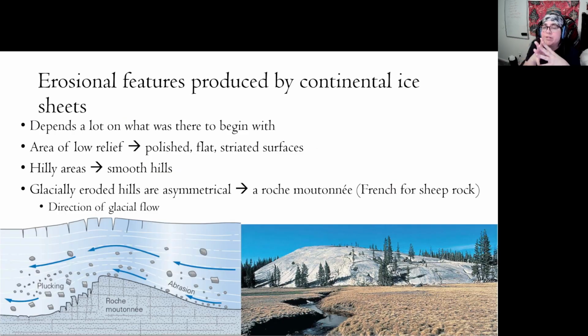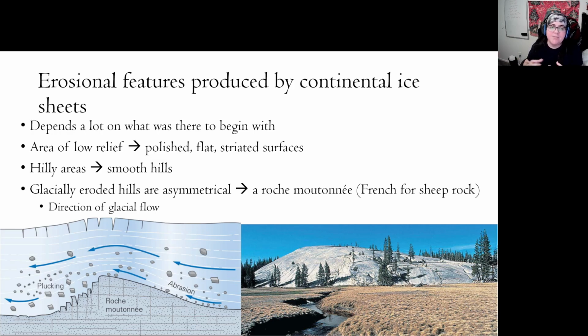Now we're going to look at features that correspond to continental ice sheets. A lot of it depends on what was there to begin with. For example, if prior to glaciation it was an area of low relief, then you might have very polished, flat, straight surfaces. If the area was hilly to begin with, then maybe the glacier will just smooth them out.